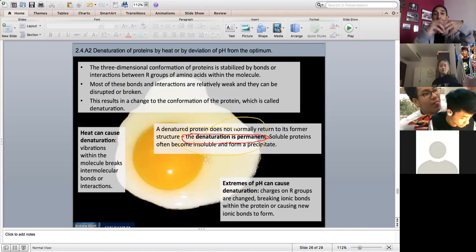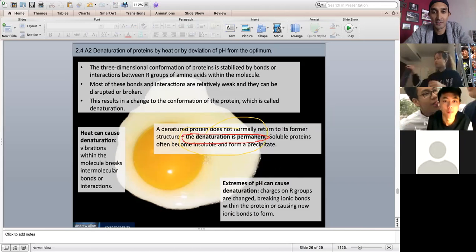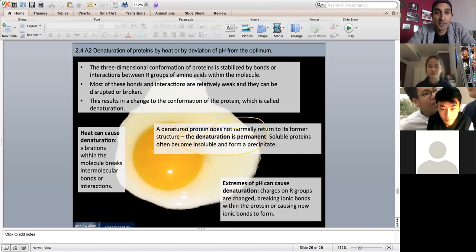Because the shape of the protein has changed too much. They've broken too many bonds that cannot be reformed. You've kind of like impacted the fragility of this molecule. And of course, like enzymes is the key one that we'll look at later. Okay, so because of these bonds and the interactions, whoops, I forgot I was drawing. Because these interactions are quite weak, they can be messed up by extreme heat.